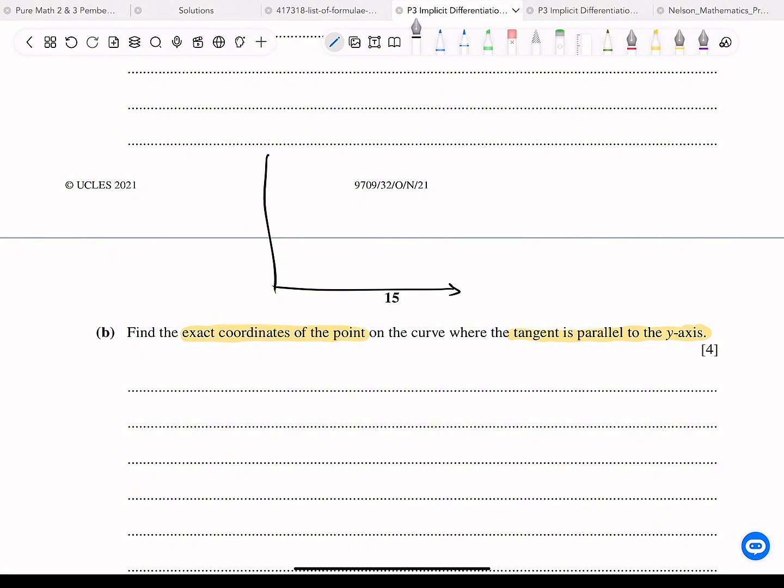Get your x and y axis, get a line that is parallel to the y-axis, and put a point on it. Maybe this is 3, and we have this point, this is 2, so this is (3, 2), and maybe you have this point which is 5, so you have (3, 5). Try finding the gradient.